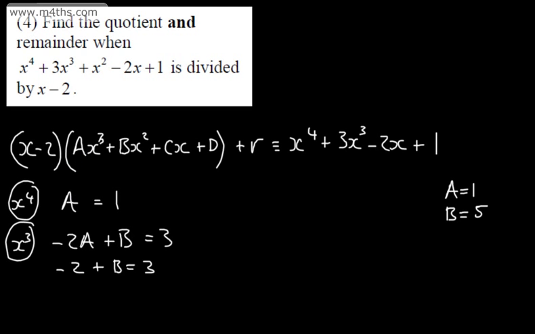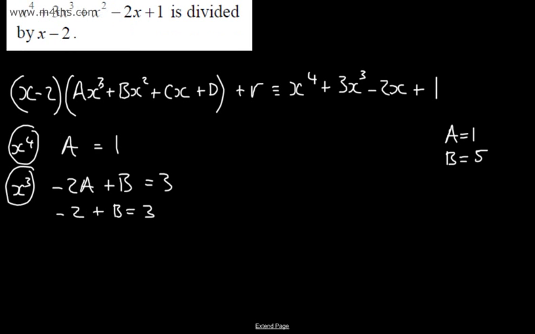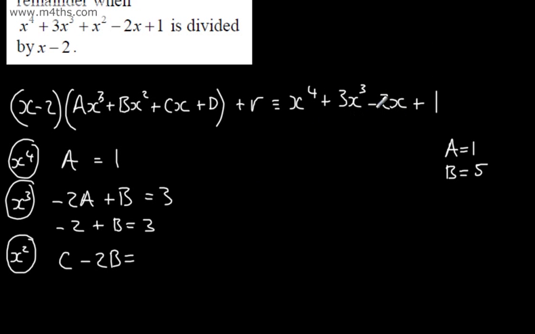So we found that from the first 2 bits of information. If we now look at terms in x squared, on the left hand side, we're going to have cx squared, so I can write c. Then we're going to have minus 2b, and that will be equal to the following. We've got plus x squared, I just missed that off.